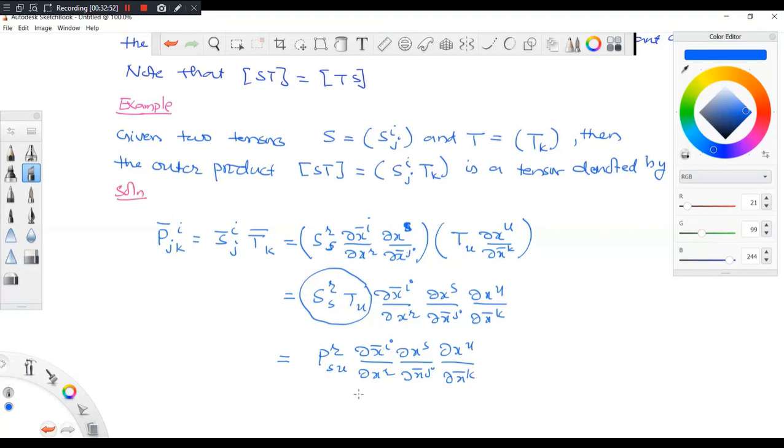If you look at this, it is the same transformation law for a mixed tensor of order 3.